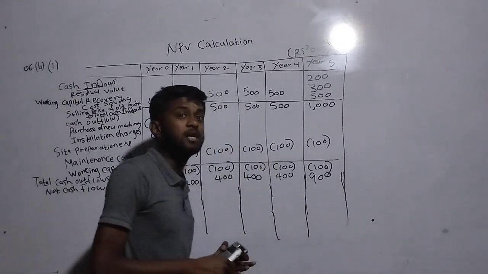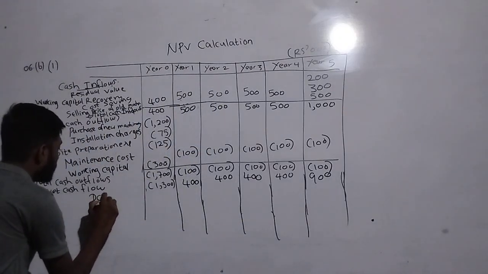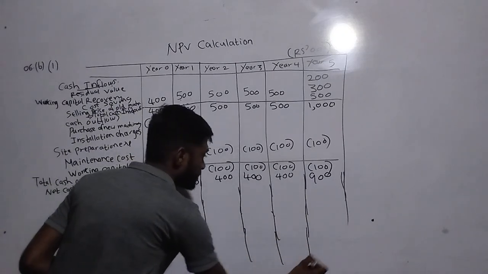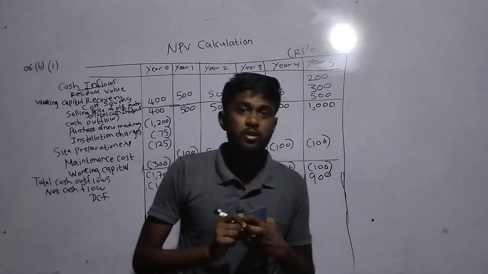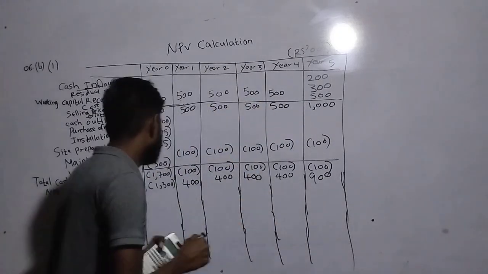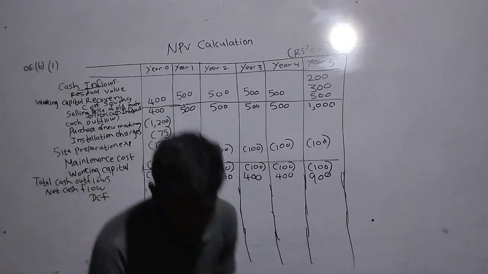For that you need to calculate the discounting factor. Here, the examiner has given the discounting factor, dear students, so please take it. Now in year 0, the examiner won't give you the discounting factor. Don't sit and wait for it in the examination. It is always 1. Year 0 is always 1. Then let us come to year 1.